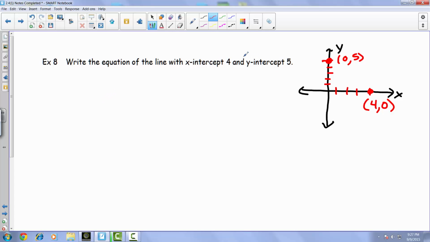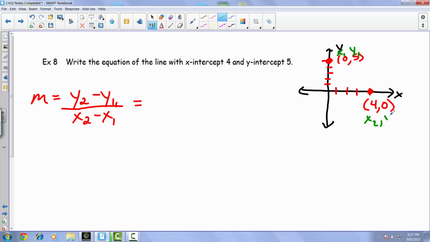Now, between any 2 points, we can go ahead and find the slope of those 2 points. And again, slope is just y2 minus y1 over x2 minus x1. We can just say that this is our x1, y1, and this will be our x2, y2.